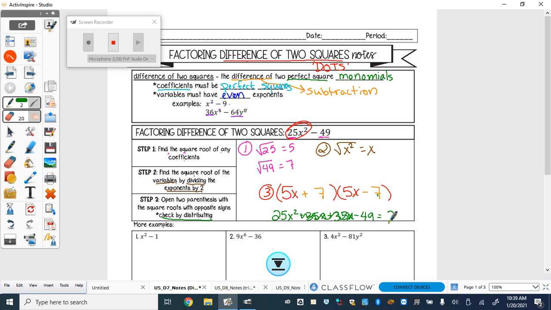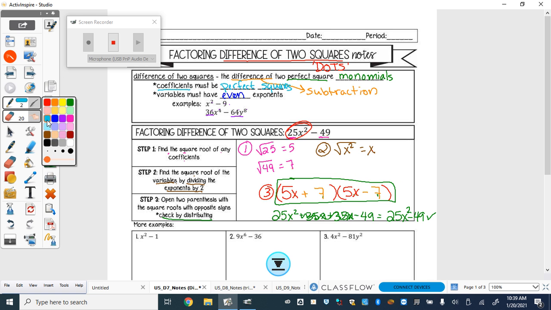So we're just left with 25x squared minus 49, which is in fact what we started with. So these right here, 5x plus 7 and 5x minus 7, those are our factors. So this is a factor. This one is our factor. And so that's the way we factor our DOTS, difference of two squares methods. 2 sets of parentheses, square roots of both terms, one's positive, one's negative.